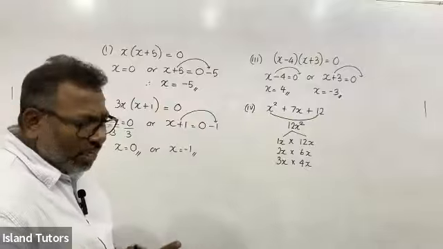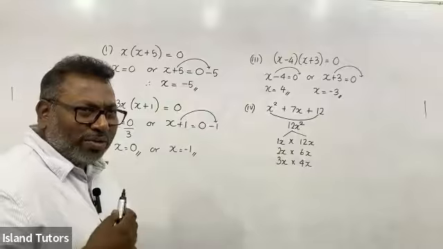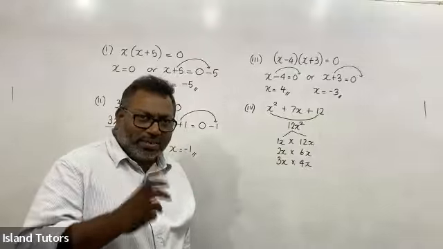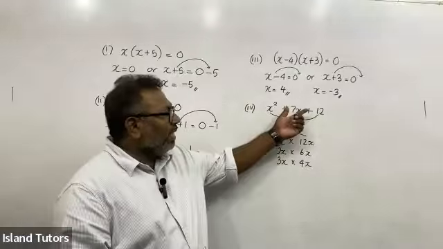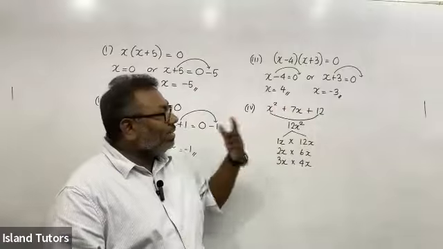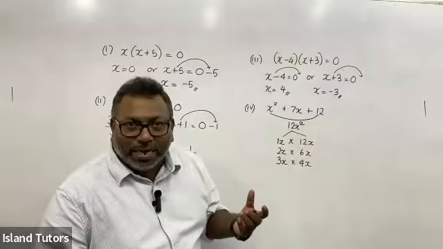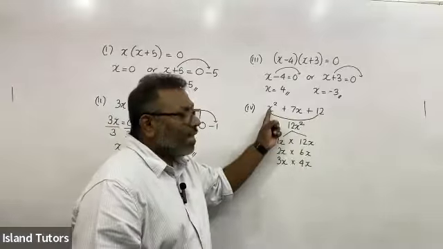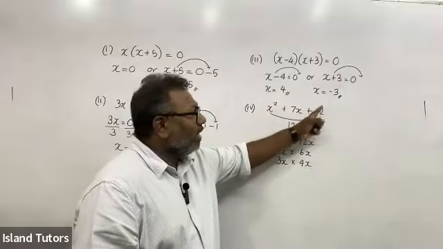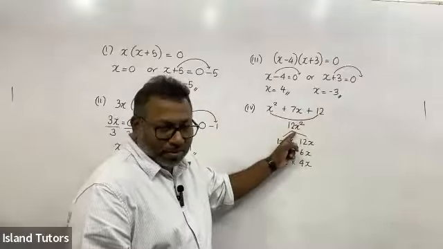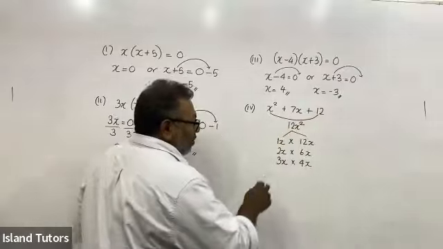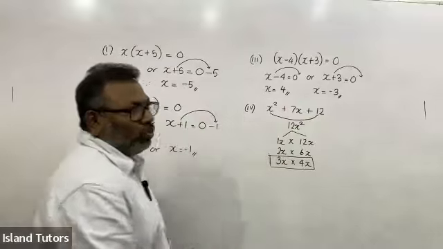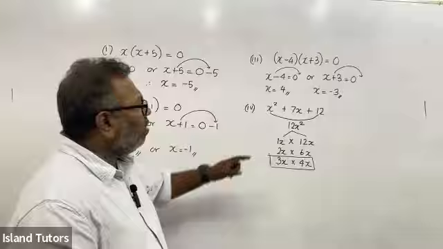Then which two terms? Now what do you do? You have to see when you add the pair of factors, it should give you your middle term. At the same time, when you multiply those two factors, it should give you the product of your first and your last term. So if you look at this, if you add these two, 3x plus 4x is how much?